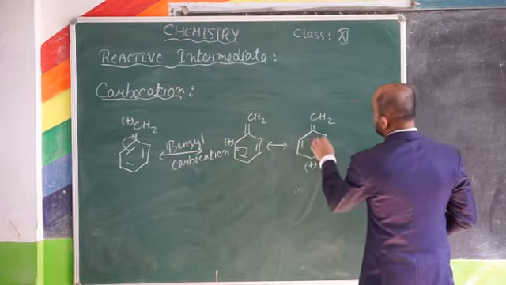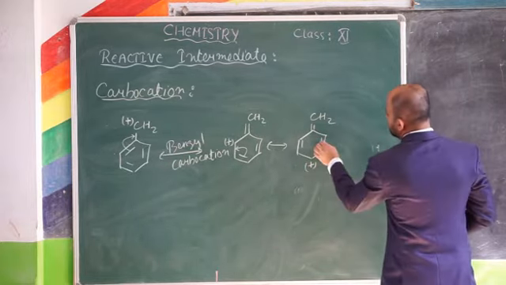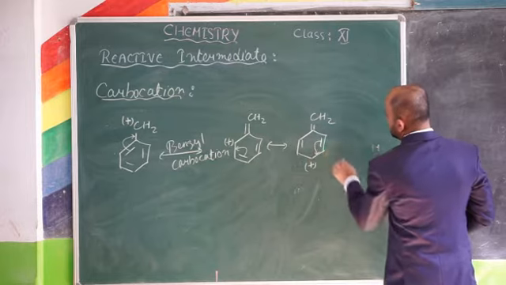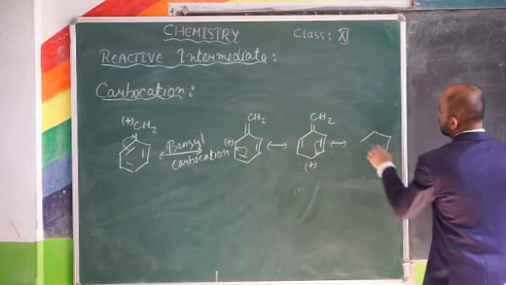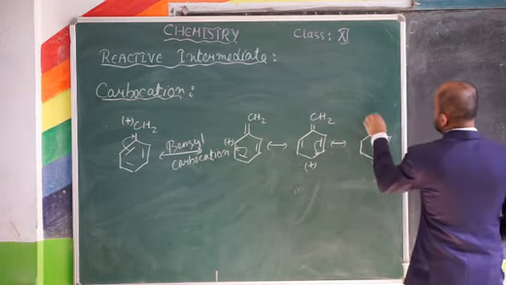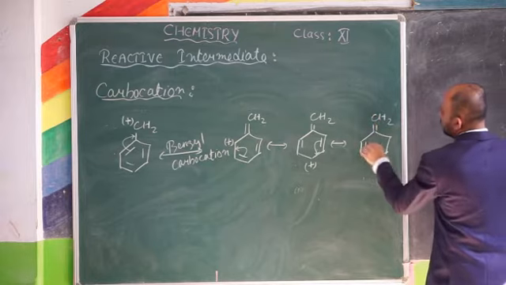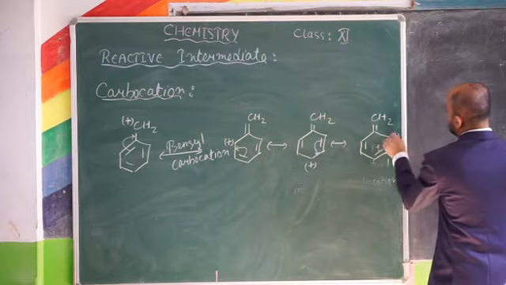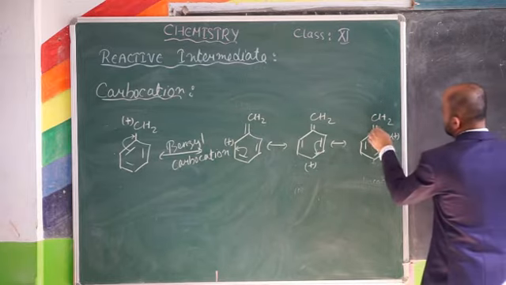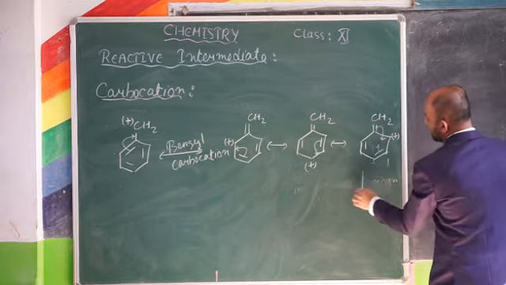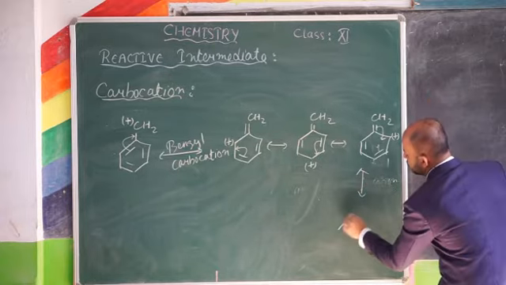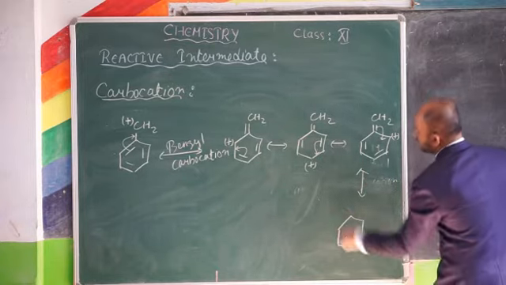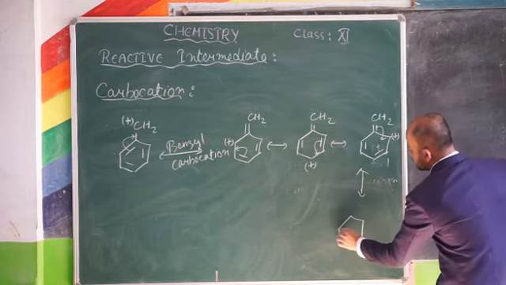Positive charge here. Here we have a double bond. Now this will be shifting to this place. Then again you get another structure. Double bond, CH2. You have a double bond over here, a double bond here, and you have a positive charge here. Now this positive charge again will be neutralized by this, and at last you can see that the first compound is regenerated.